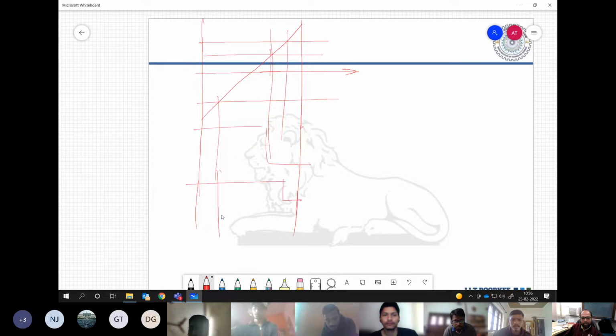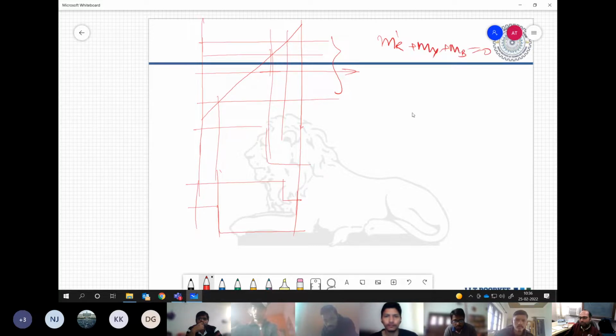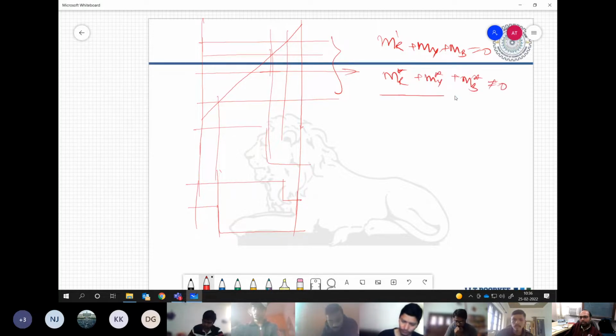Effectively, what you have changed? Change MR, MY, MB at the position spectrum. First change what you will observe is that you will have MR plus MY plus MB equal to 0. But MR star plus MY star plus MB star will not be 0. Of course, because there is common mode added. This will be actually 3 times of M3.